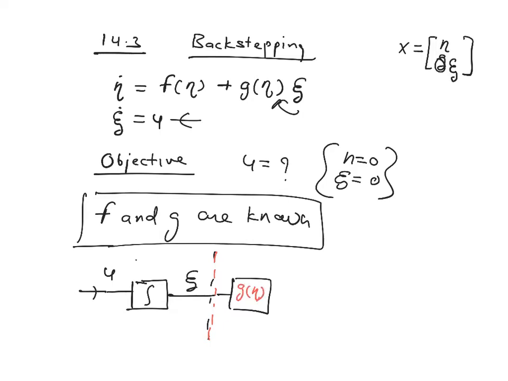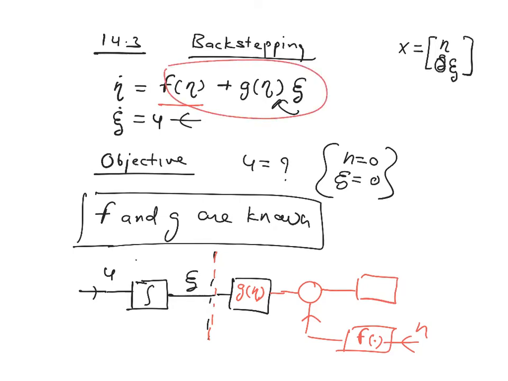Then you do the summing up with f of eta coming from here. The sum of g and f is integrated one more time, and you get eta here. So this is the kind of function we have.